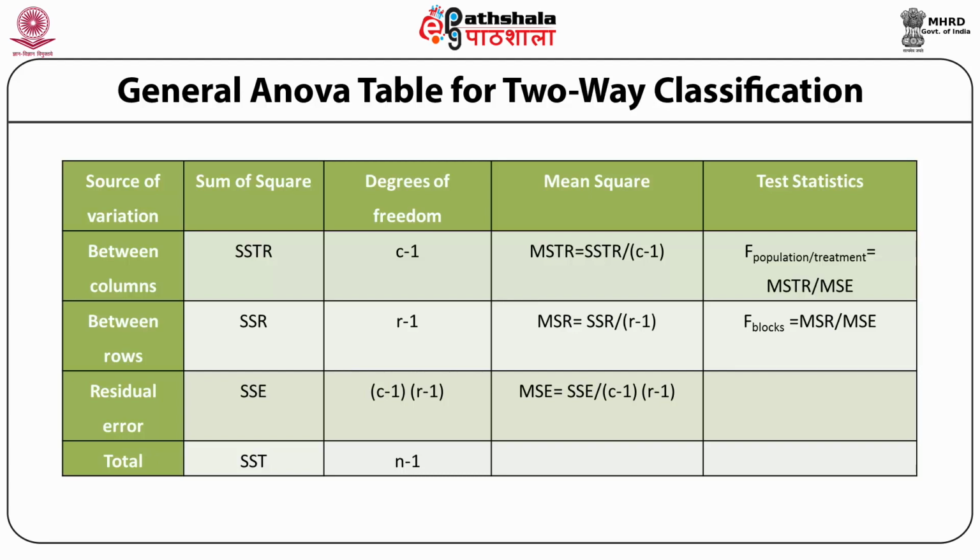If you see the mean square, then MSTR is equal to SSTR upon C minus 1, and MSR is equal to SSR, that is the sum of squares between rows, upon R minus 1. And the residual error MSE is equal to SSE upon (C minus 1) into (R minus 1), dividing by the degrees of freedom.